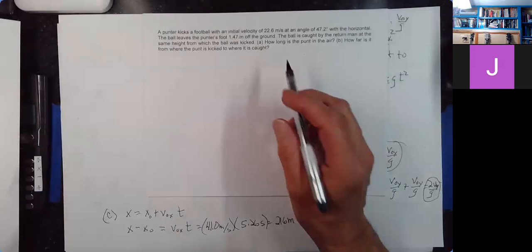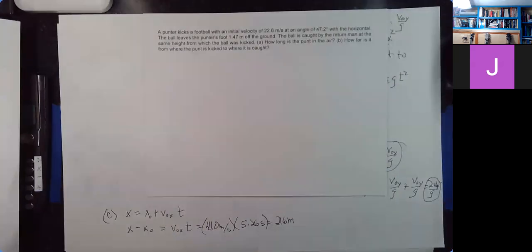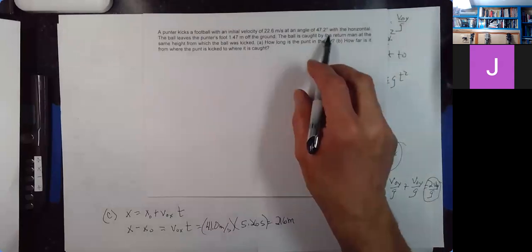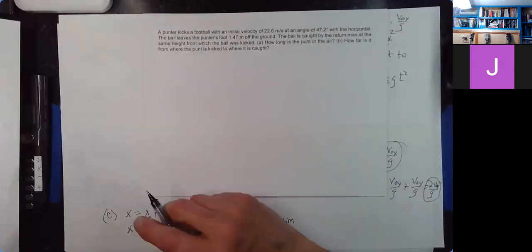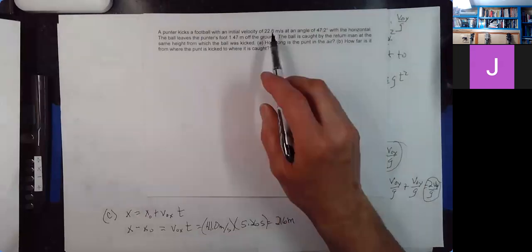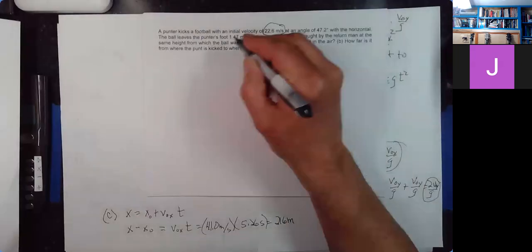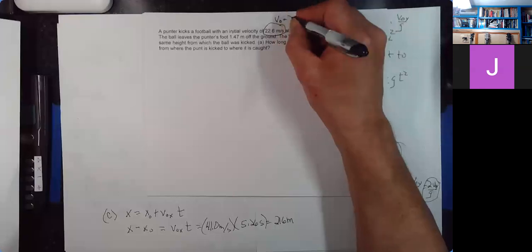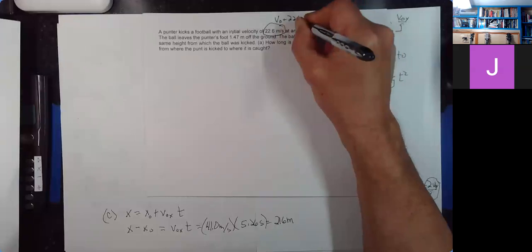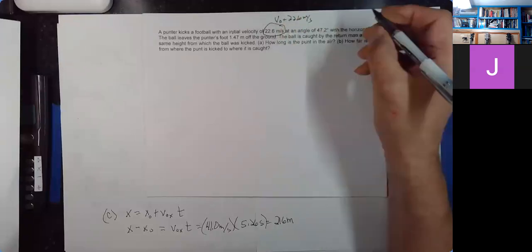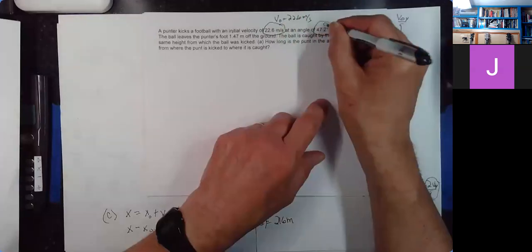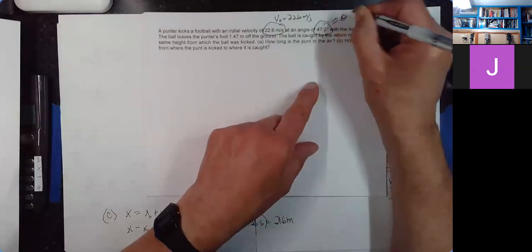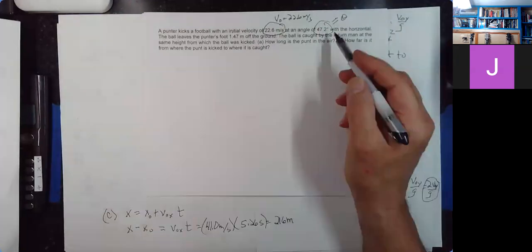A punter kicks a football with an initial velocity of 22.6 meters per second at an angle of 47.2 degrees with the horizontal. Hey, that looks like V naught to me. Initial velocity. Angle of 47.2, that's the launch angle that we've been calling theta. So it's only good at the instant of launch, but that's okay.